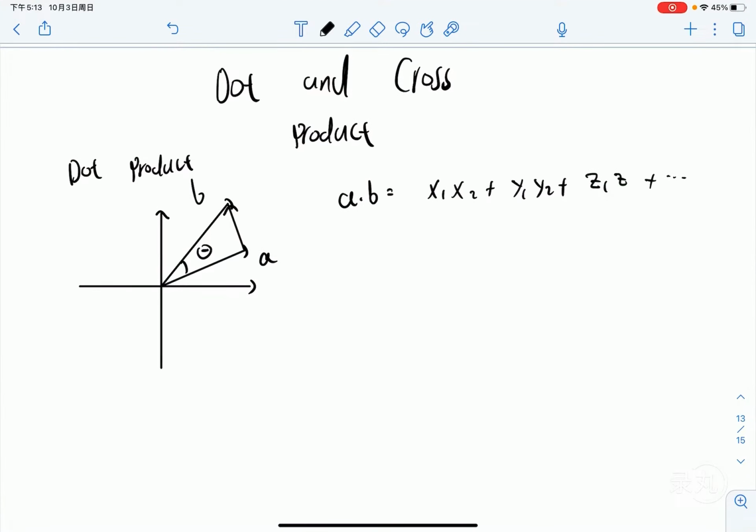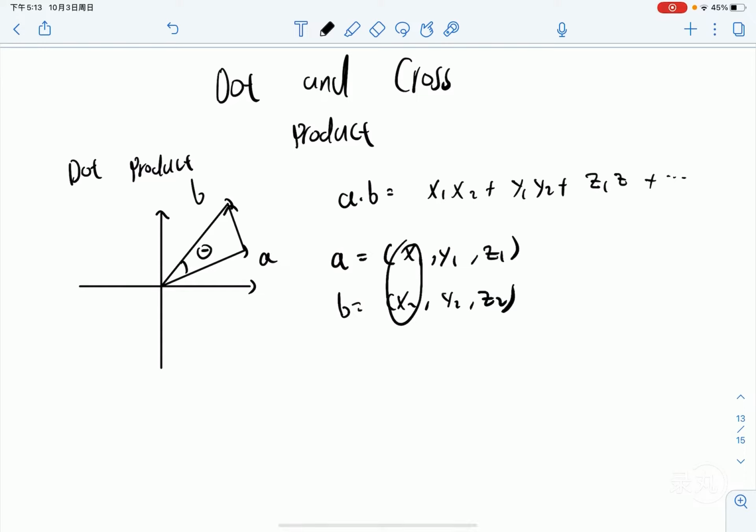Hello guys, today we're going to talk about dot and cross product. The dot product is basically just, if you have A as a vector which has components x1, y1, z1, and B has x2, y2, z2, the dot product is x1 x2 plus y1 y2 plus z1 z2.